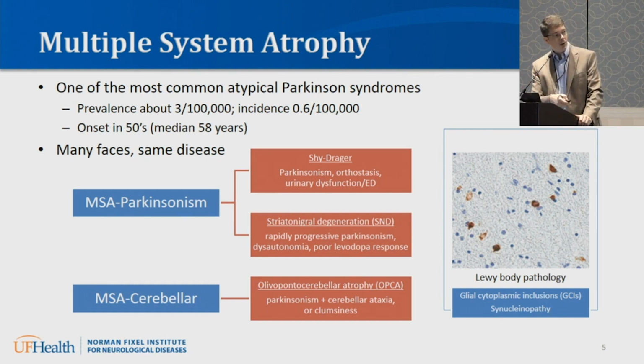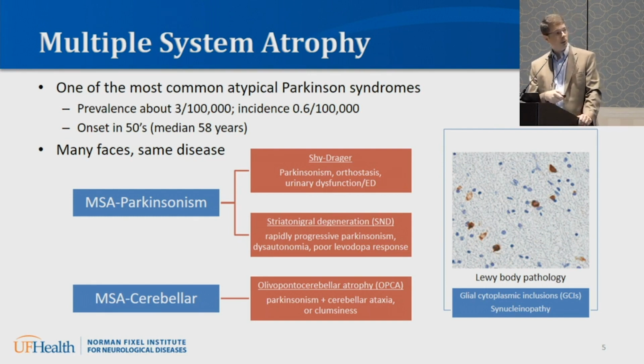These are actually cells in the brain that contain protein deposits, okay? These are abnormal protein deposits within a cell, okay? And in multiple system atrophy, these deposits are most frequently found not in the neurons, but in the supporting cells we call glial cells. And they were originally called glial cytoplasmic inclusions.